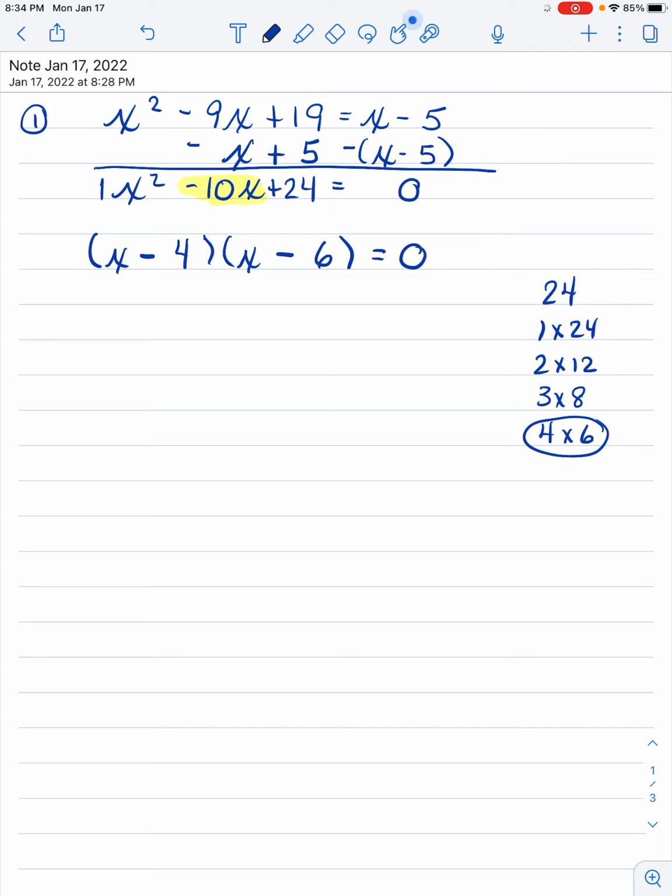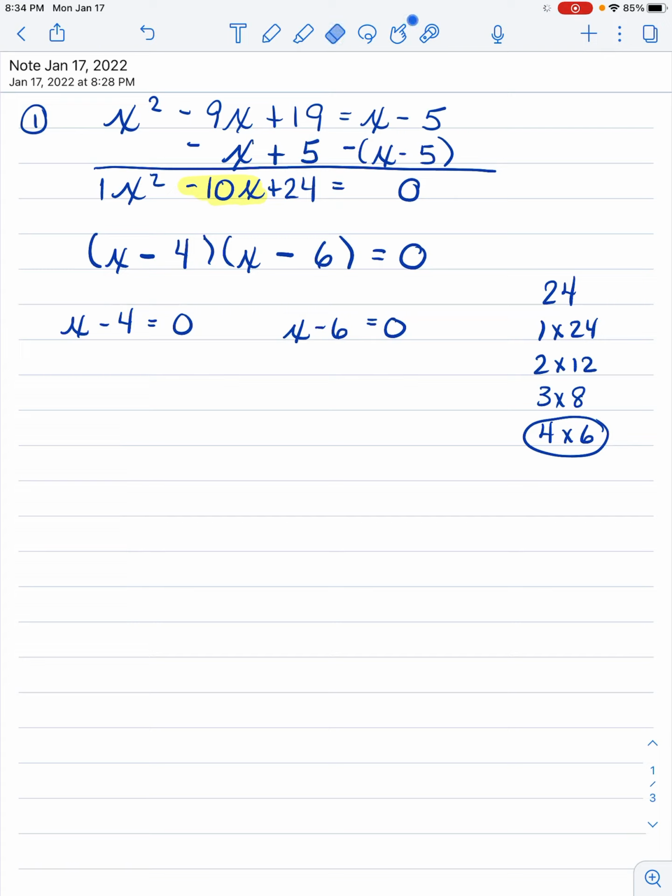Now, I'm going to set each of these to 0. So, I'm going to have x minus 4 equals 0, and I'm going to have x minus 6 equals 0. Okay, now let's isolate x.